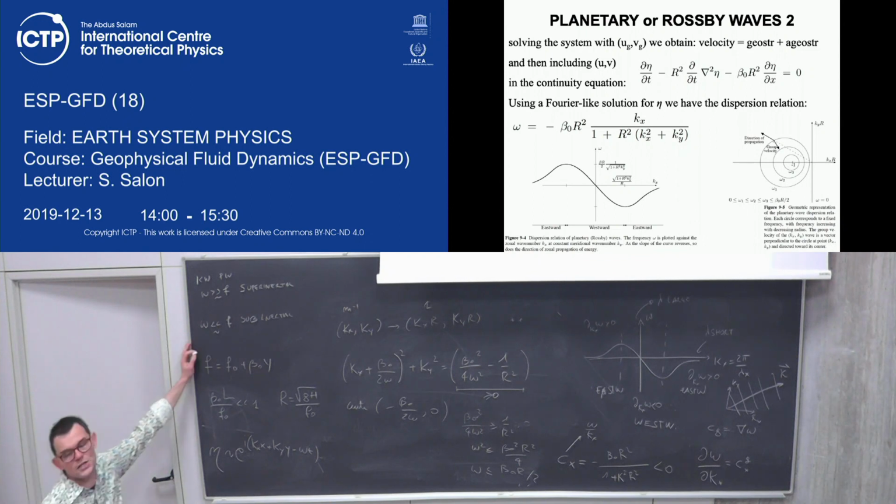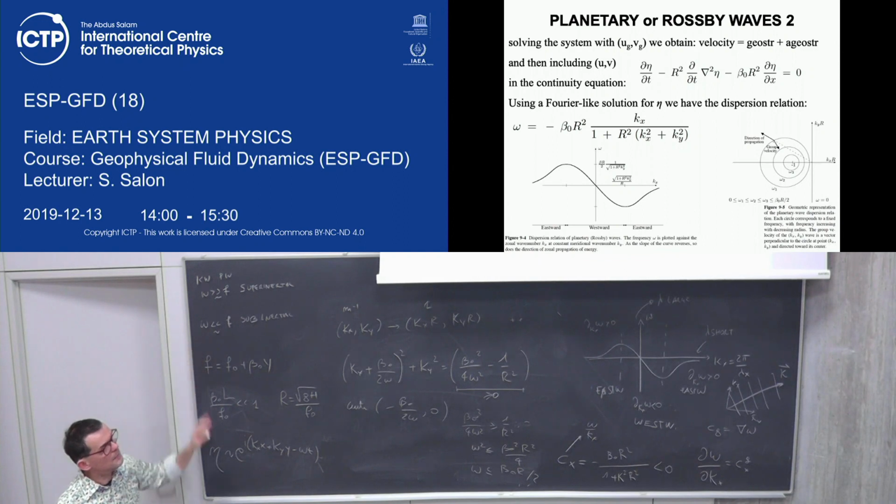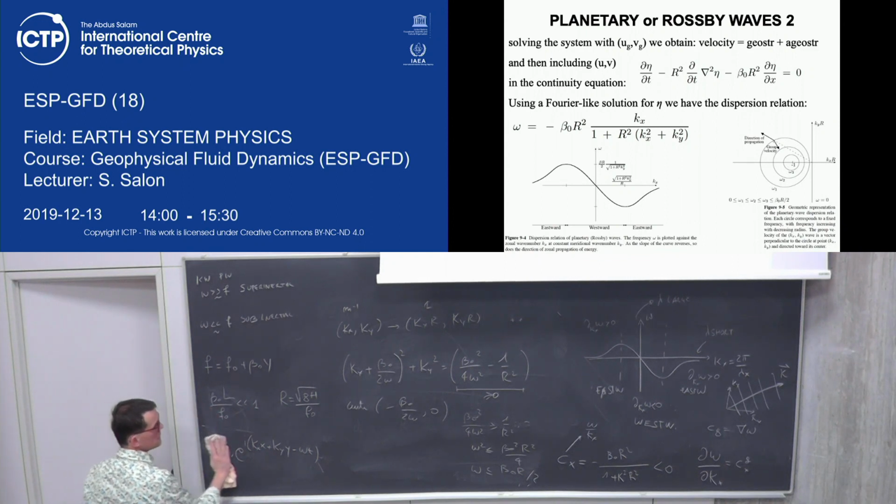Here it's real GFD, okay? Because we have slow and large flow. So Rossby waves are one of the most important things that you have to work with and know very well. This is just a very easy introduction, but a lot of work has been done. Riccardo Farnetti is a very big expert of Rossby waves.